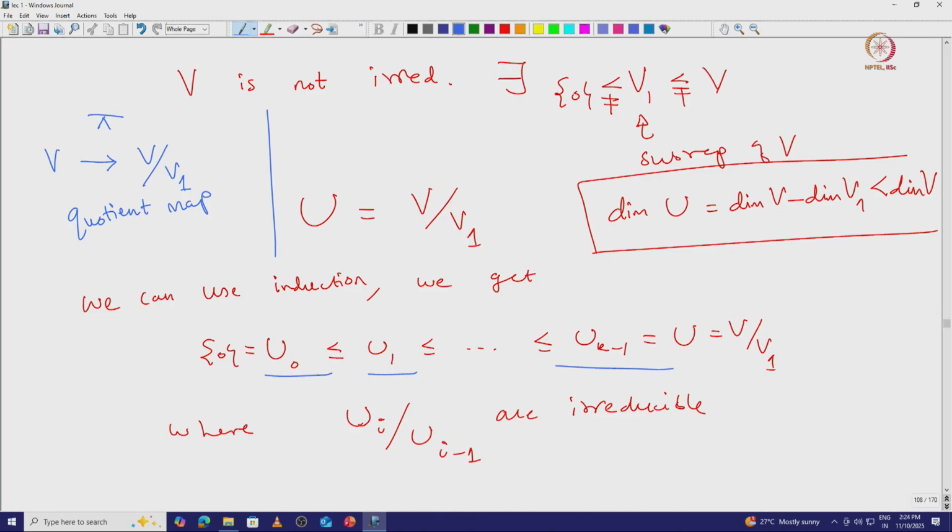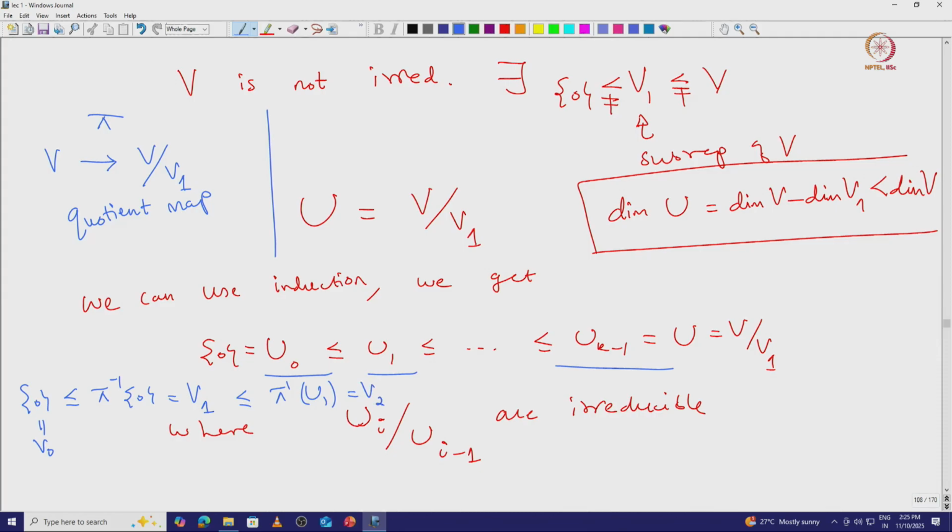So, we simply take, for example, pi inverse of 0. That is going to be V 1, and V 1 is already contained in V, and then we can simply take pi inverse of U 1.